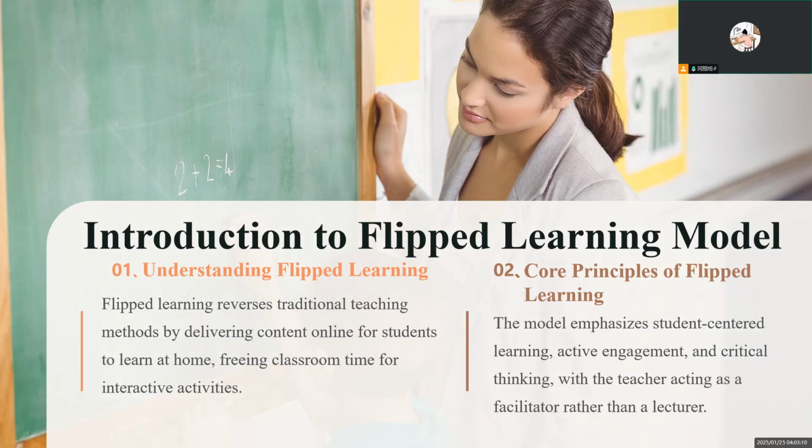The three pillars of the COI model play a crucial role in flipped learning. Flipped learning reverses traditional teaching methods by delivering content online for students to learn at home, freeing classroom time for interactive activities.